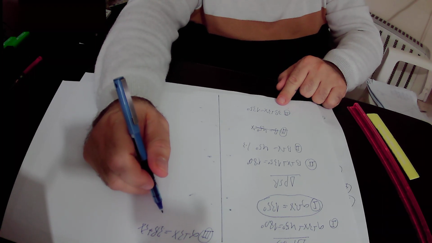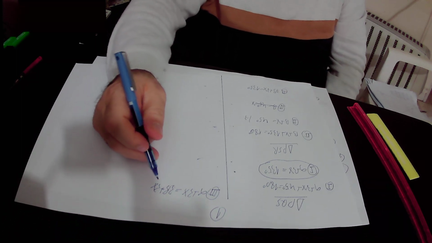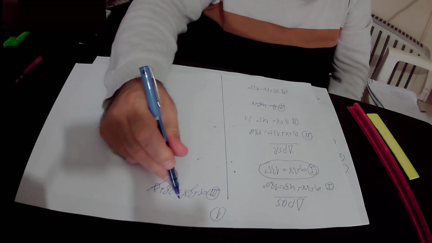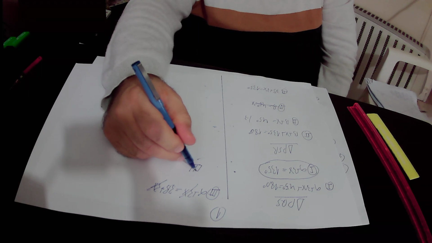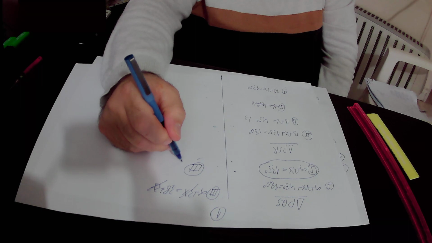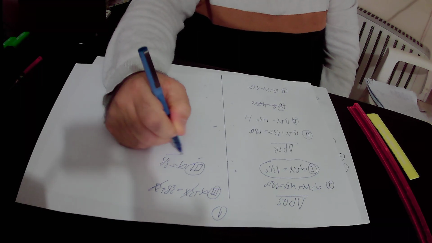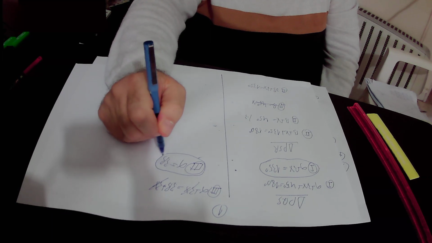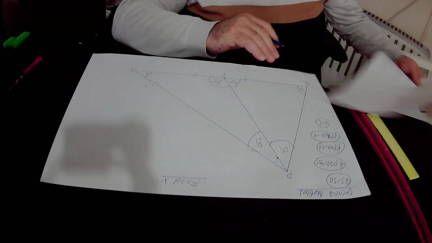Okay? Here we subtract 3x from equation number 3, and we will get that alpha equals 3 beta.